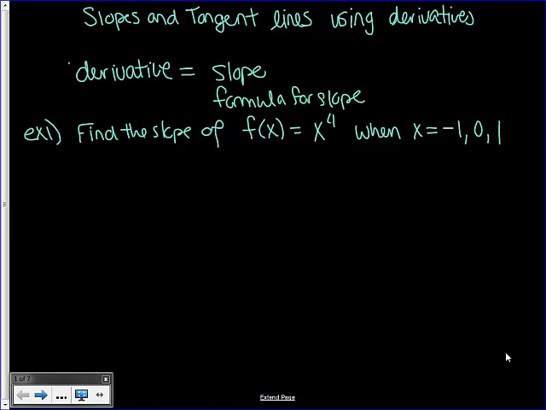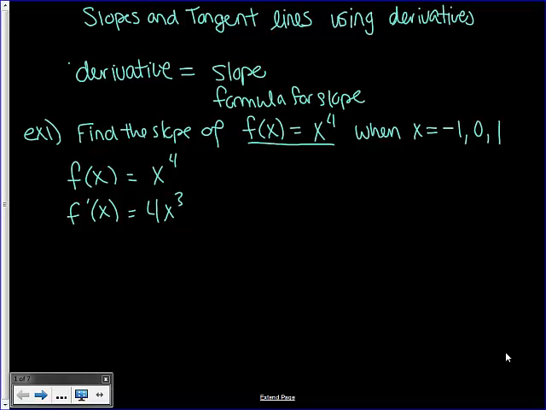Okay, so my very first step, take the derivative of that. So f of x is x to the 4th. Well, f prime of x is going to be 4x cubed.